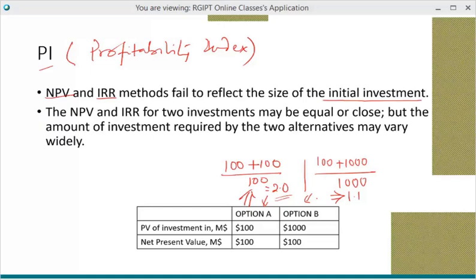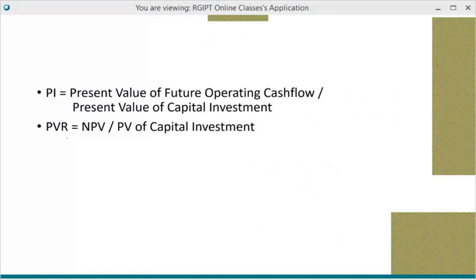Now there are various ways to represent this, and one is NPV over PV of capital investment. That is also called the present value ratio. So if you were to calculate, PI equals 1 plus PVR, the present value ratio.